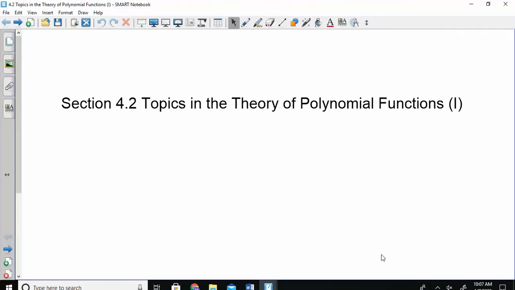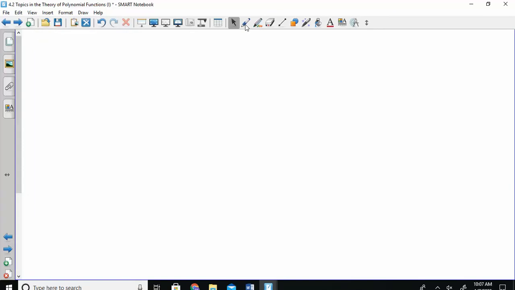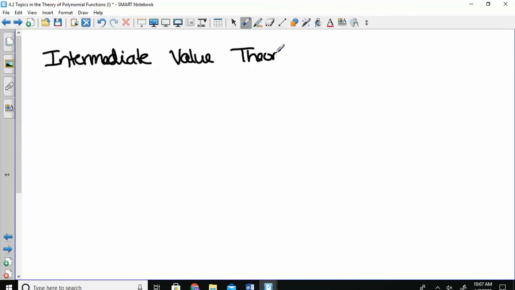So we are still talking about polynomials. We're going to continue on this graphing stuff, so all the things that we have been using, we will continue to use as we move on with this. What I need to talk about first is what is called the intermediate value theorem.